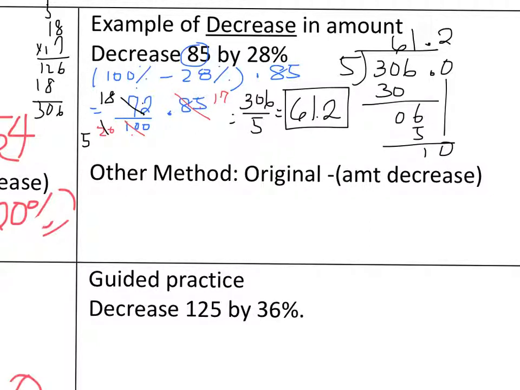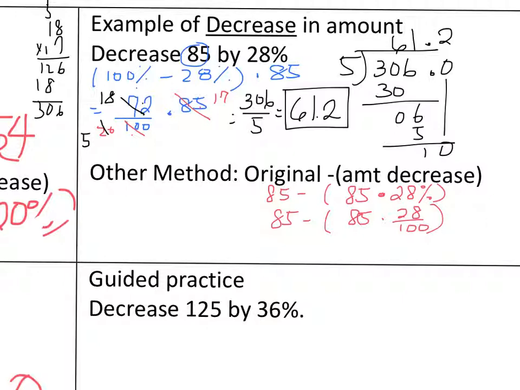And if you do the other method, you would get the same answer. So it will be 85 minus 85 times 28%. So 85 times 28 over 100.